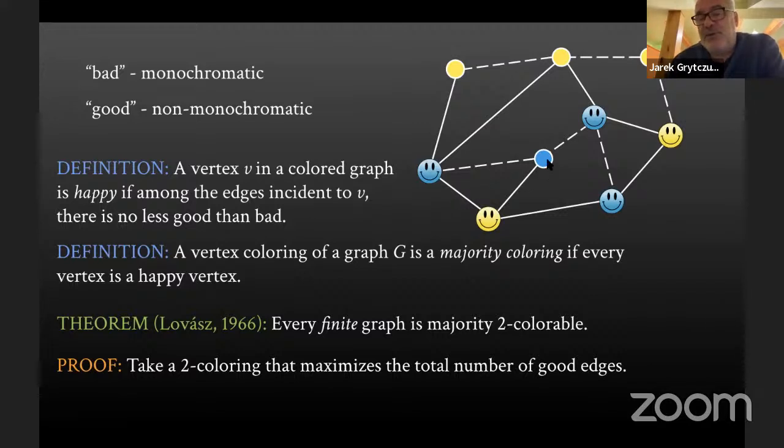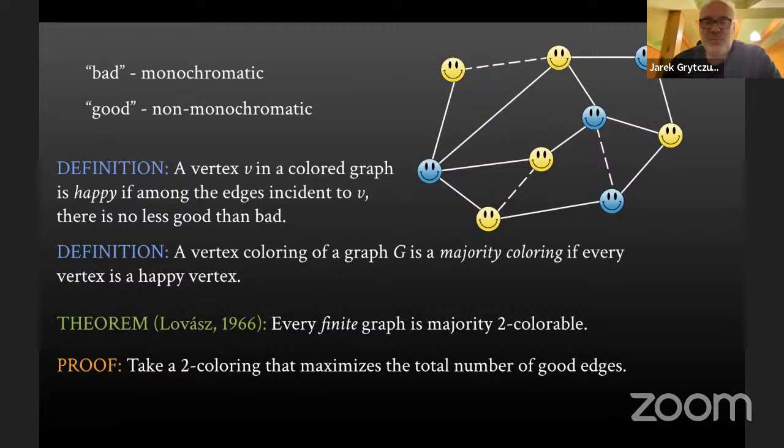That vertex is unhappy, but we can still do something about it. We can switch its color and make it happy. In every such switching step, the total number of good edges increases, but the process cannot go on ad infinitum. So at some point it must stop, and at this point we have the maximum number of good edges in total, and all vertices must be happy.